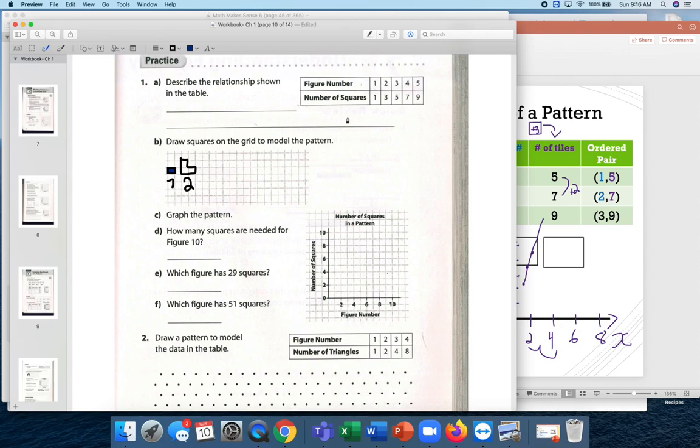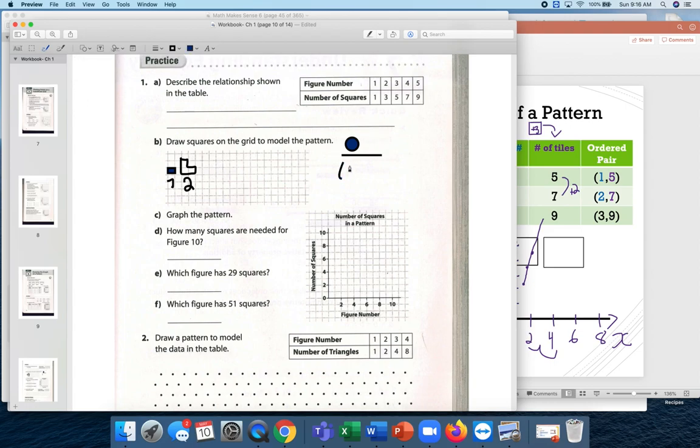So here, I suggest that you write down the ordered pairs. We might need to make up another one over here. I'm just going to put OP for ordered pairs.